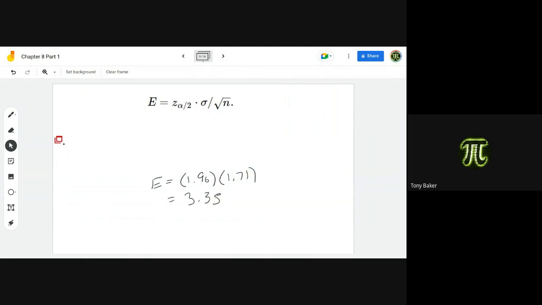So if I wanted to do this the other direction, if I wanted to say, I want my error to be within 1 year at a 95% confidence interval, could we figure out what the n needs to be for that? Yeah, think about it, go back to your algebra classes. As long as I only have one thing I'm missing, I can solve for that.